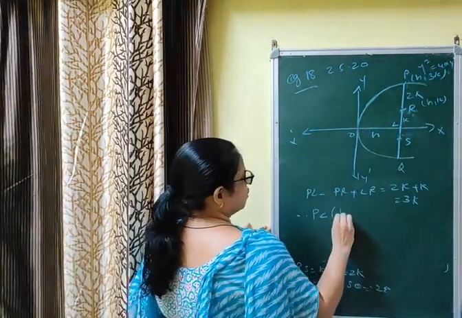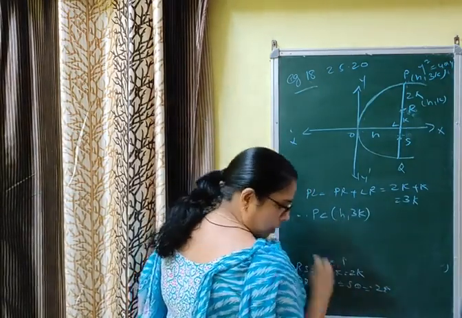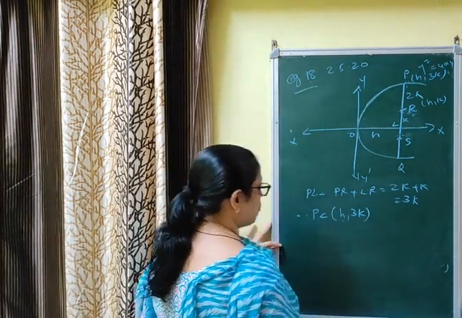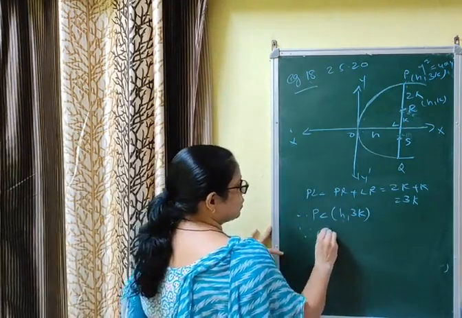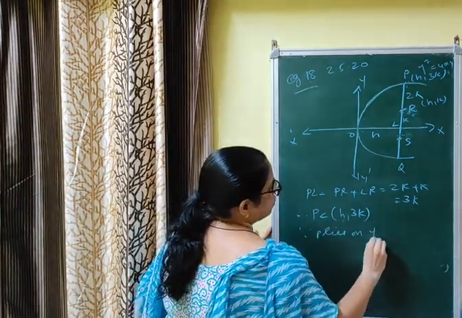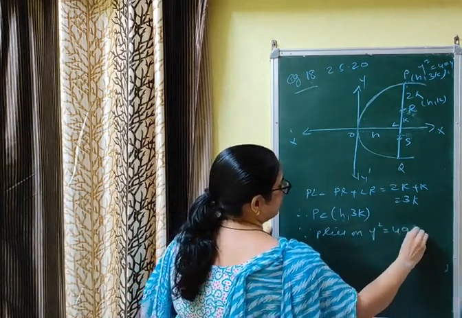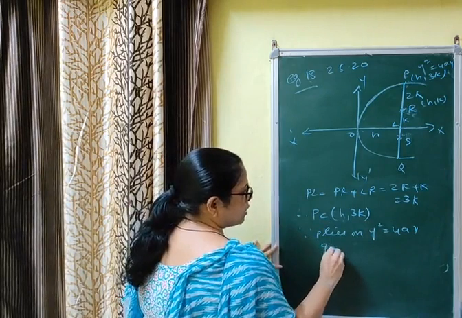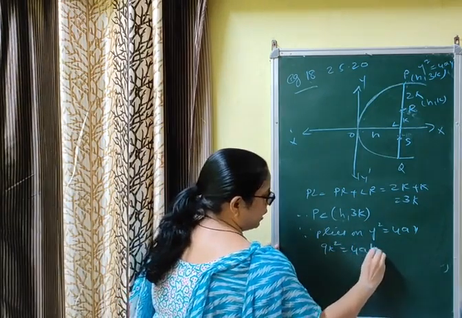Now, since P lies on the parabola y square equal to 4x, you can replace x by h and y by 3k. You get 9k square is equal to 4h.